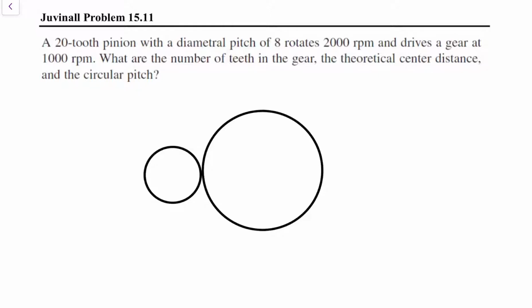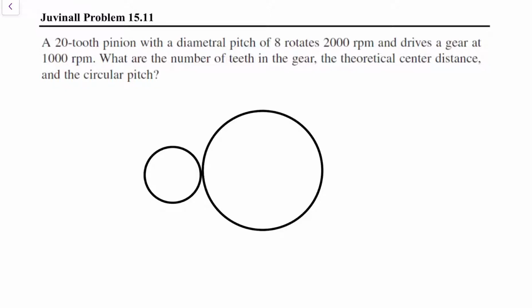So in this example, you have a pinion, which is the smaller gear that drives the bigger gear, which we call the gear. Conventionally, we always name the smaller one the pinion and the larger one the gear. The pinion has 20 teeth and has a diametral pitch of 8.